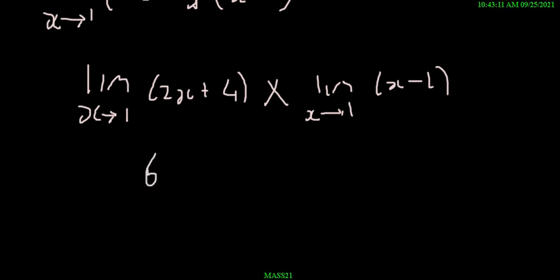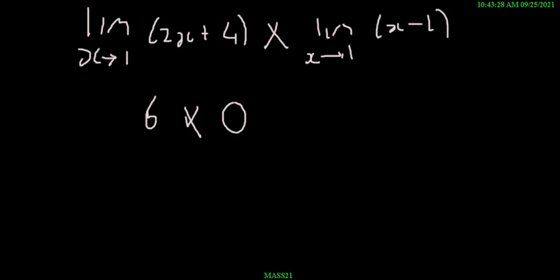From both sides we're putting 1, so it's going to be 6 either way, times 1 minus 1, which is 0. Our limit here is 0.